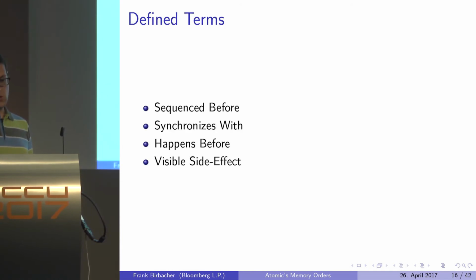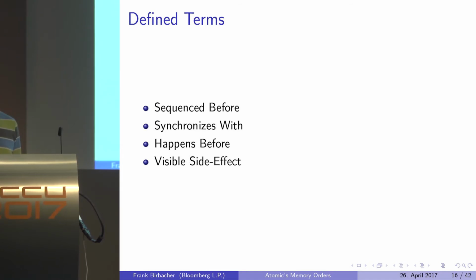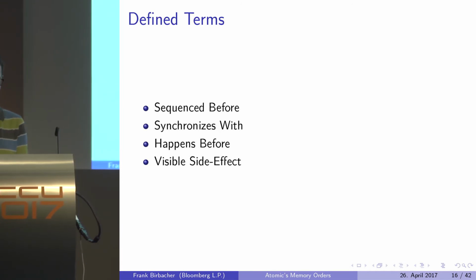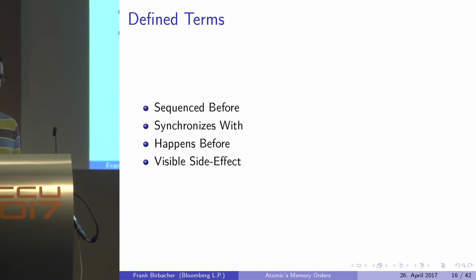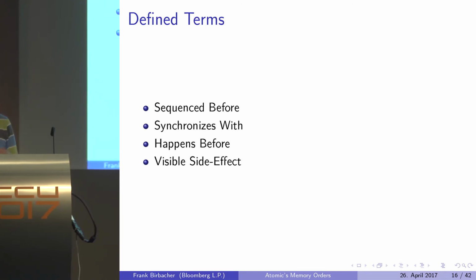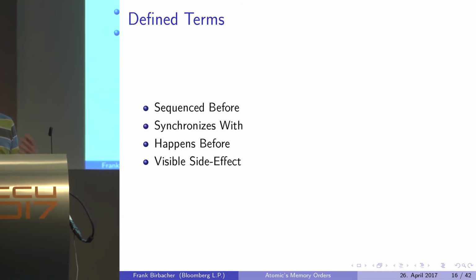So, sequenced before is one of the terms that comprise explaining memory orders in the standard. Another one is synchronizes with. This one spans multiple threads and says that certain operations in one thread synchronize with certain operations in another thread, and then some other wording explains what becomes visible if two things synchronize with each other.